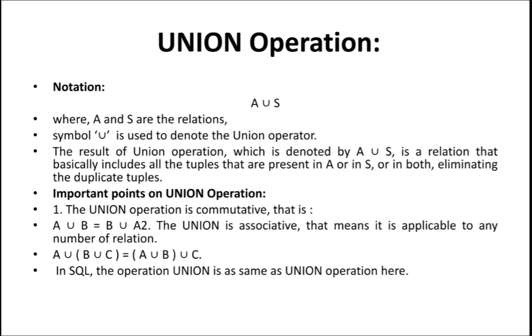No result will be affected. That's why it is commutative and associative. If there are three relations also, no problem, the result won't change. A union (B union C) or (A union B) union C, the result won't get affected.